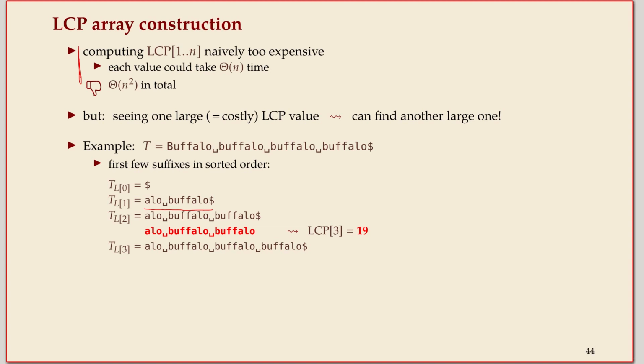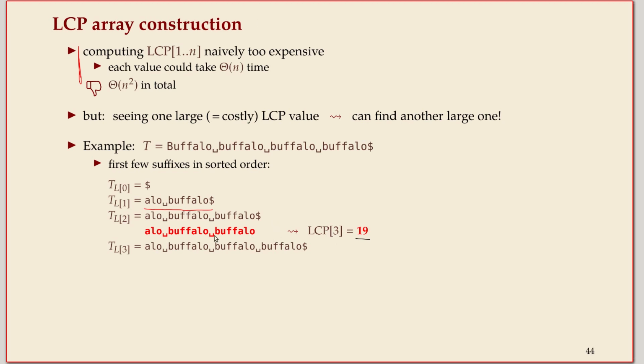But I want to stress a different point on this slide. So this is a very long suffix. It took us a long time to figure out that all those characters are equal. So we found the value of some entry in the LCP array, namely the third one in this case.